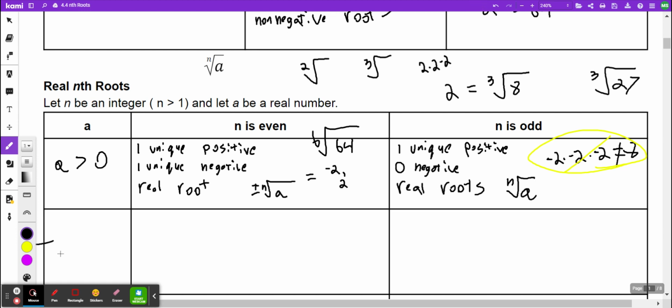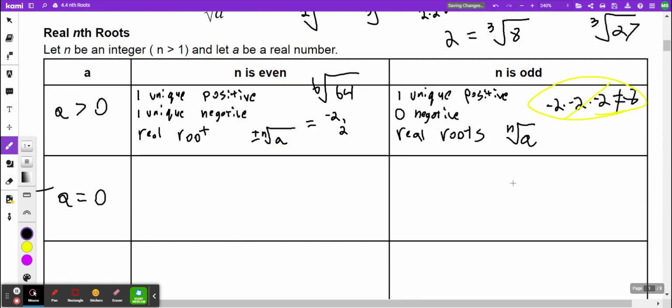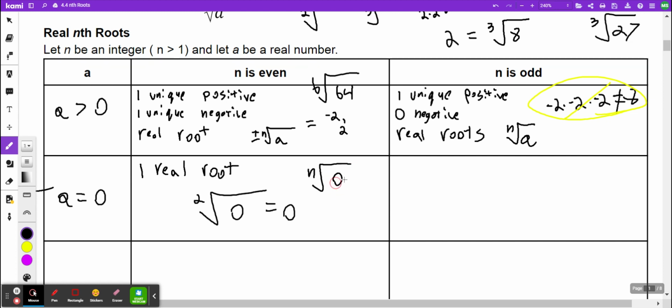Next up, if I have a is equal to 0, this one's really nice. I like this one. Watch this. a is equal to 0. There's going to be one real root. Try this out. Put in your calculator the square root of 0. That's 0. So if I did the fourth root of 0, that'd be 0.